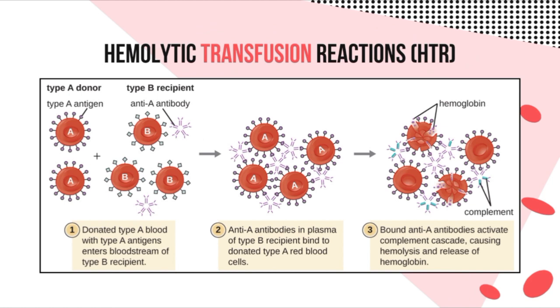So the type A red blood cells would be destroyed by the anti-A antibodies of the recipient, which leads to the death of the red blood cells, or what we call hemolysis, and the hemoglobin will be released. Once this happens, it can lead to what we call coagulation, which can cause kidney failure or possibly death of the recipient.